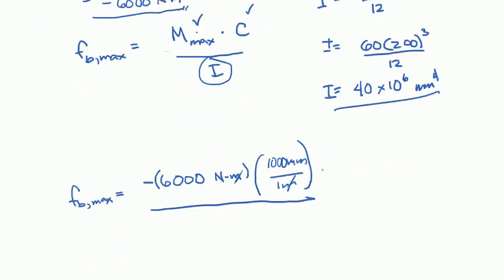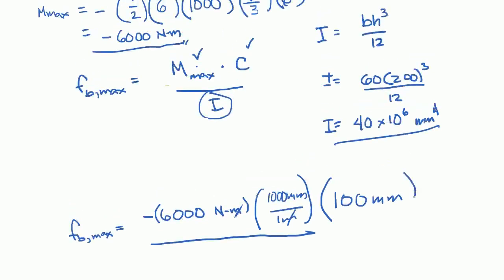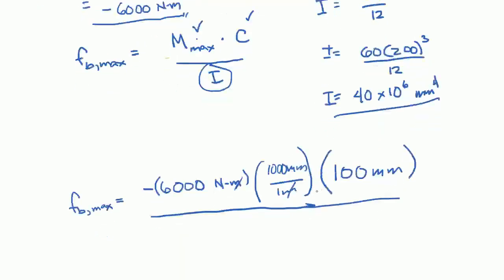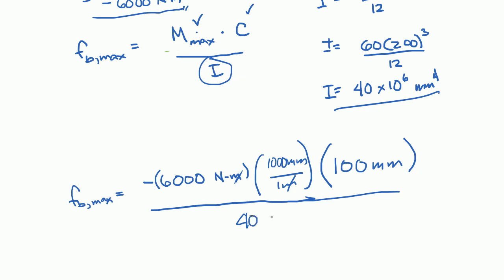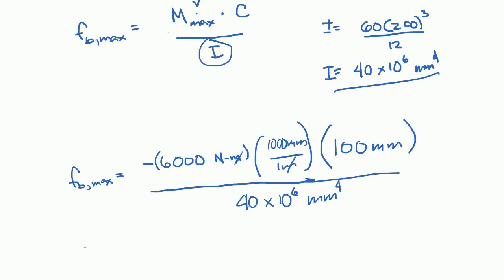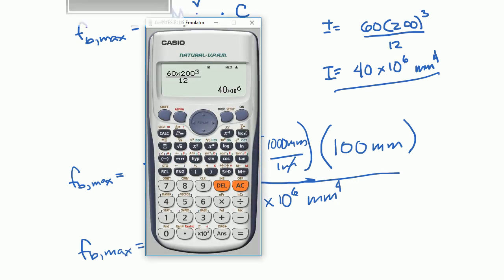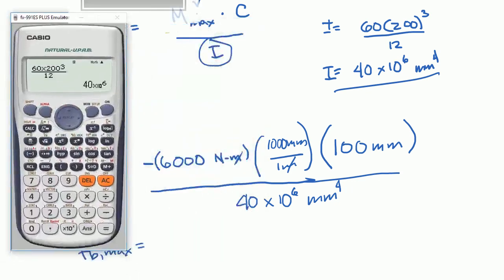So, yan. Times C. Yung C natin is 100 millimeters, divided by I, which is 40 times 10 raised to 6 millimeters raised to 4. Okay, so FB max, yung maximum bending stress mo ngayon ay equal sa sasabihin ng calculator.